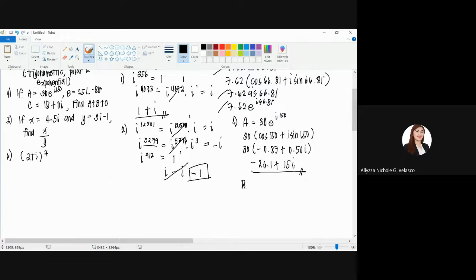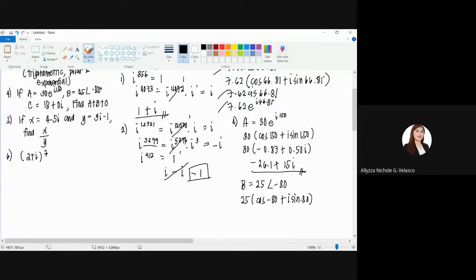So next, yung ating B naman, so we have 25 angle negative 80. Ganun lang din siya. So, ano yung gagawin natin? Convert muna into trigonometric. So, 25 cosine negative 80 plus i sine negative 80.